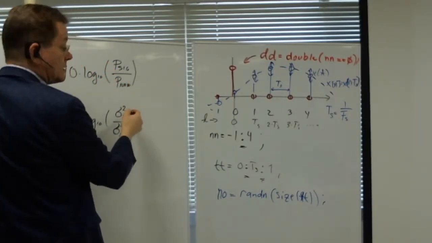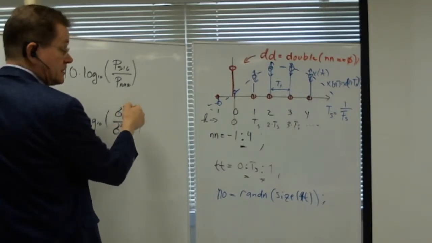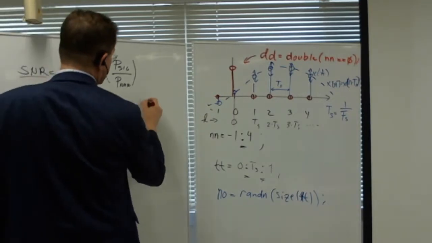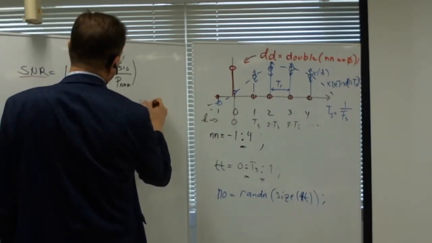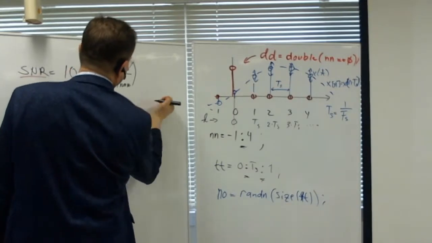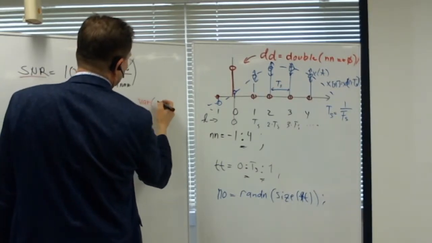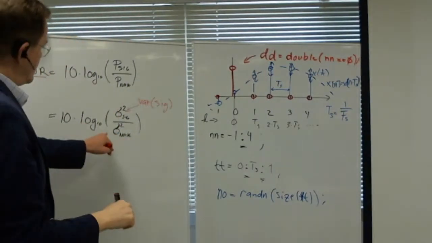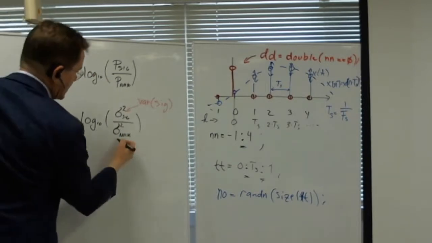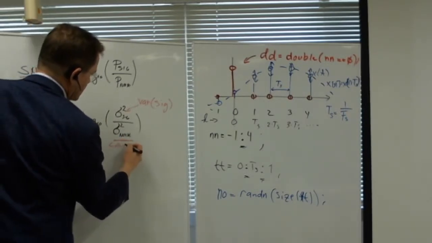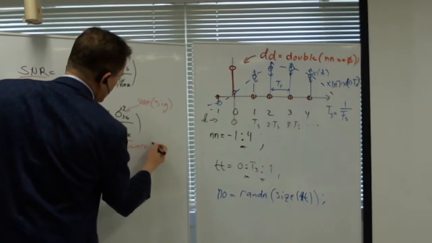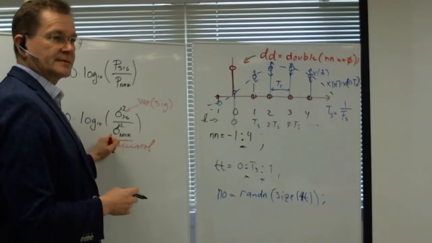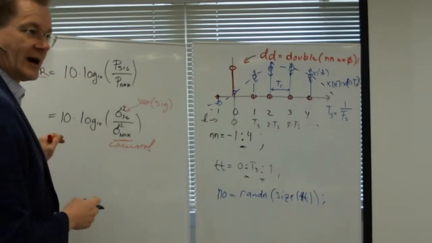You can measure the variance of the signal you are analyzing or generating. Then basically, based on this formula, you can calculate the variance of the noise. Okay, that's what you calculate.